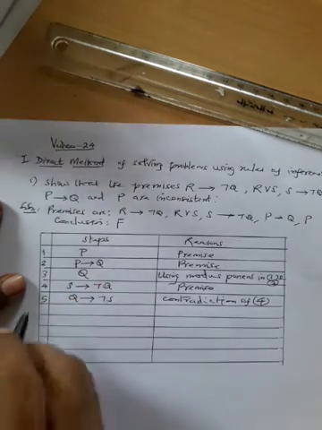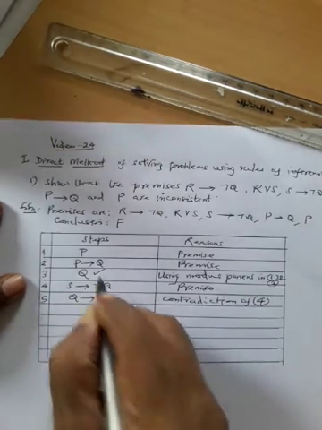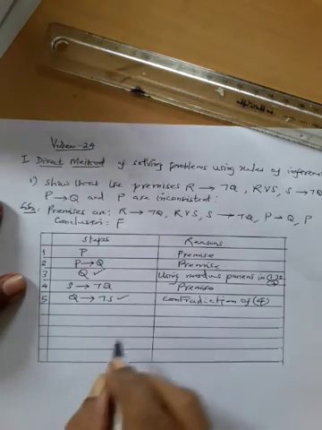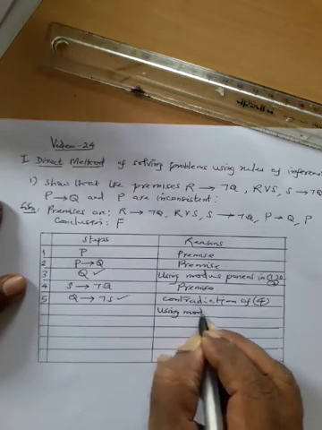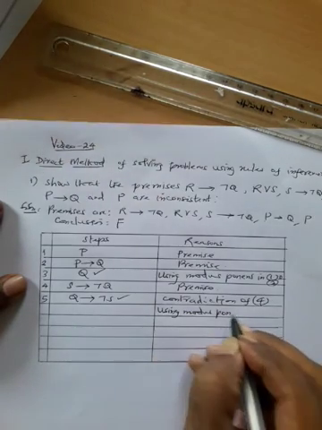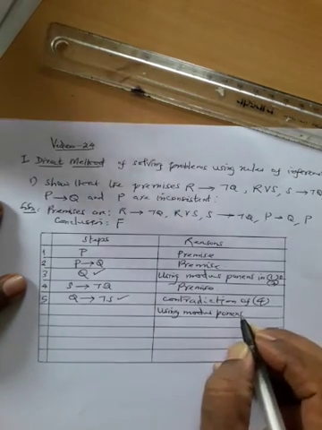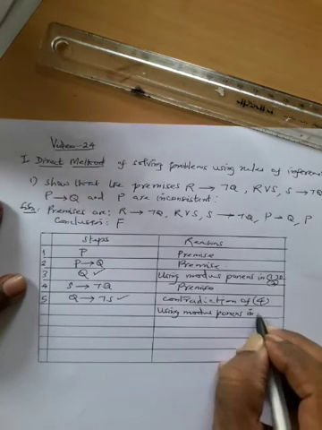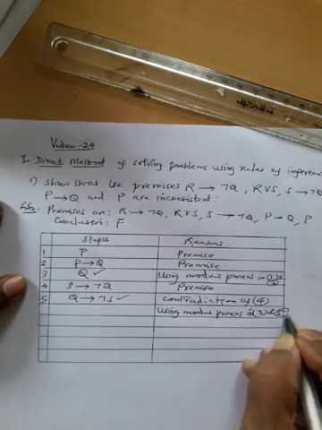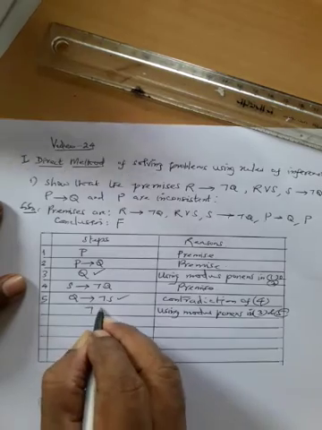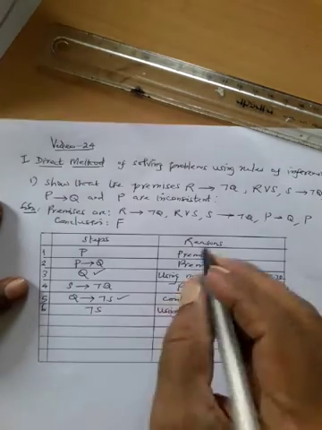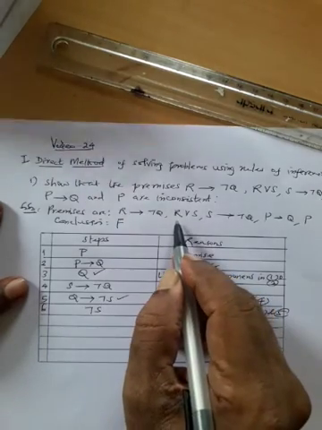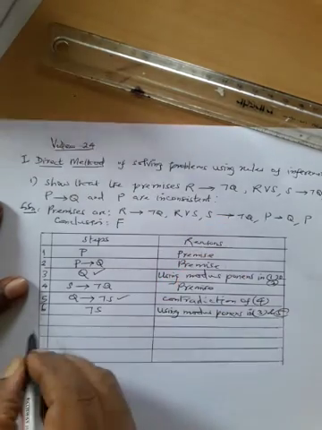Now you have Q and you have Q conditional negation S, using modus ponens in 3 and 5. In 3 and 5 you will get negation S, and R or S is there.